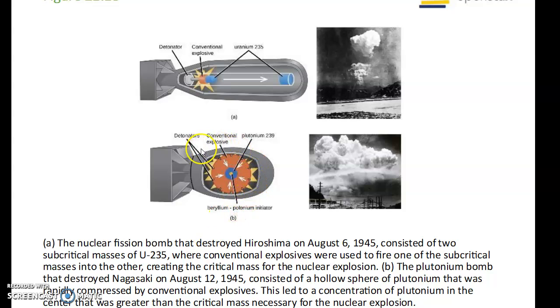So the explosives were around this, slamming it, so it had to detonate all at the same time to compress them down to form critical mass here. Here you had them separated by a distance, and this right here slammed it into this so that it rapidly achieved critical mass here. 2 different ways of approaching this same destructive effect.